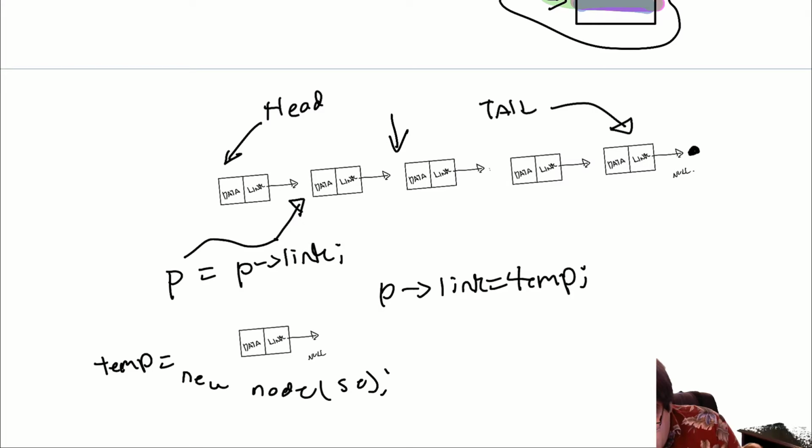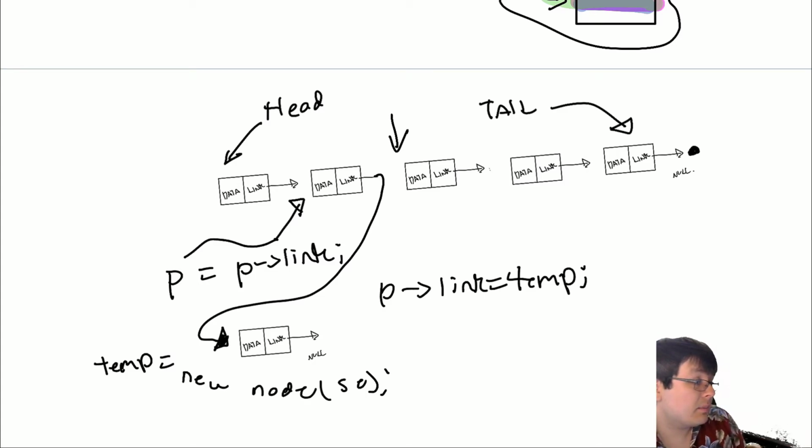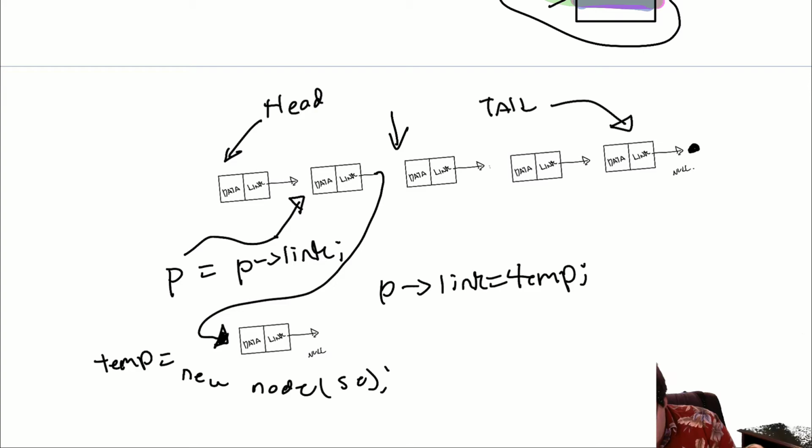And this is good in a way because now we went ahead and updated this pointer there. So you inserted it, but you've also run into an issue here. The issue is that how are you going to get this link back? You just overwrote it right here. You just broke that link. So now, good luck trying to link that back in there.